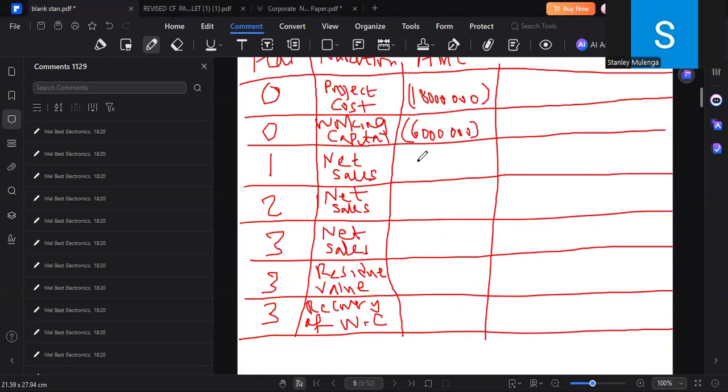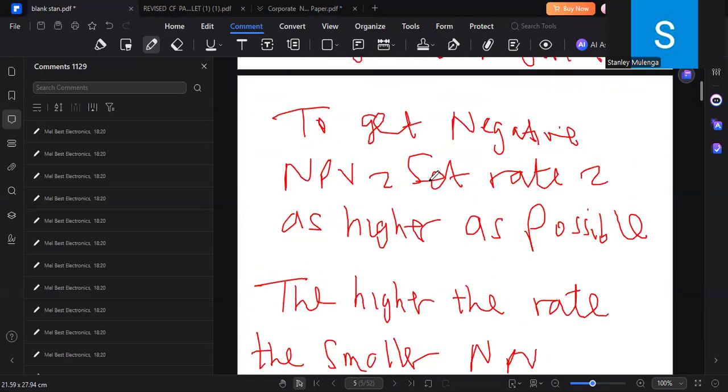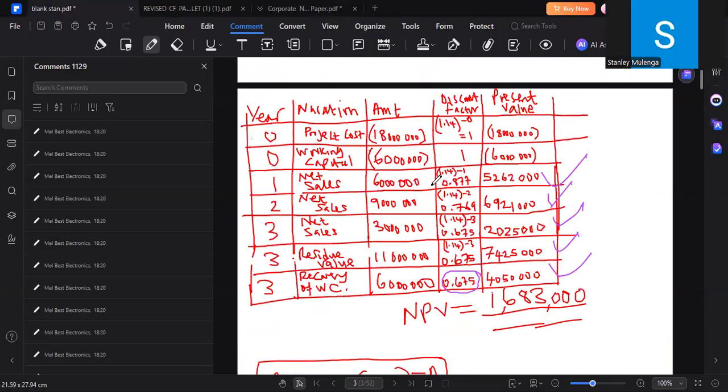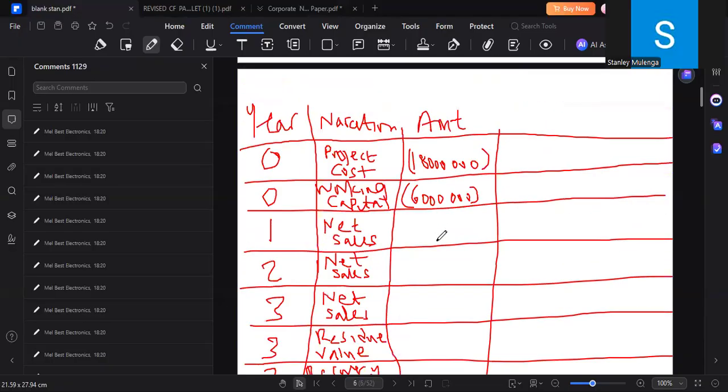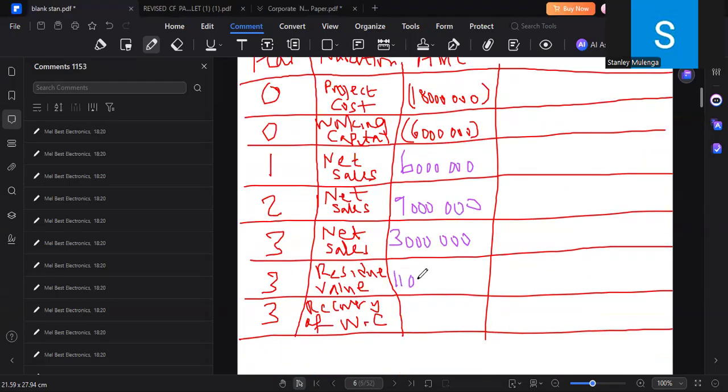So here, the net sales, we had what? 6,000,931 and 6. So here we have 6 million, 9 million, 3 million, 11 million, and the recovered working capital is 6 million.